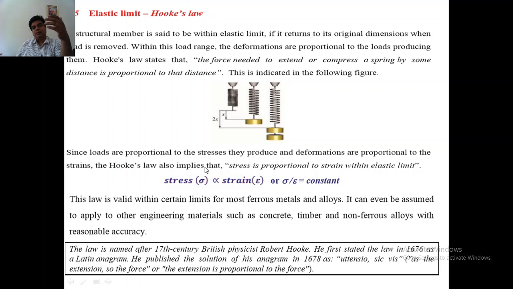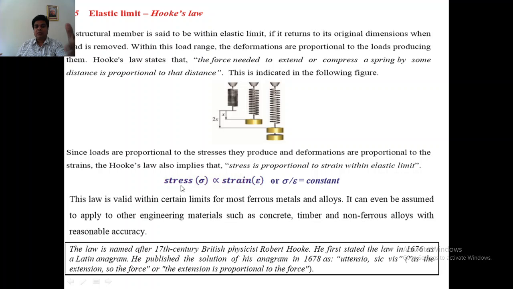When the load is below the elastic limit of the material, the stress will be directly proportional to the strain. That's important here. Within the elastic limit, if you apply the load, then the stress induced in the material will be directly proportional to the strain in the material.